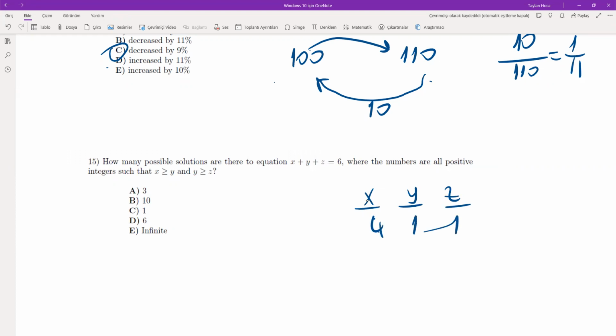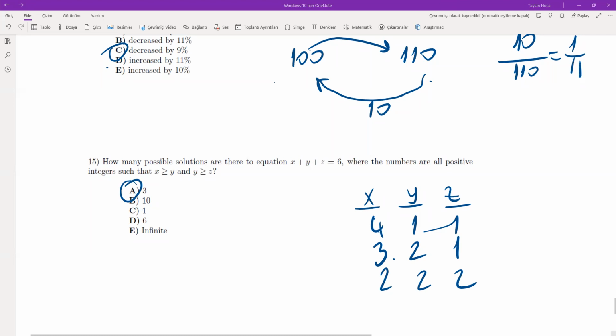Here, I cannot interchange the x, y, z locations because of greater than or equal to, I cannot violate that. And they can be equal because it's like in the inequalities. 3, 2, 1, 2, 2, 2. 3 times. Okay? It's just that.